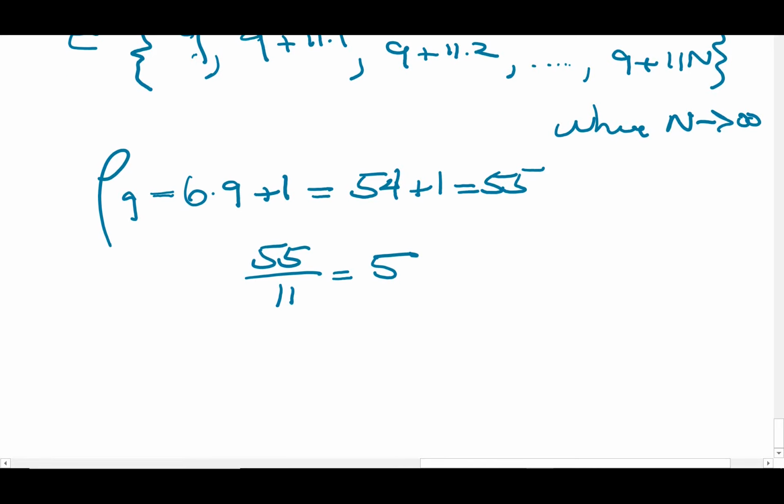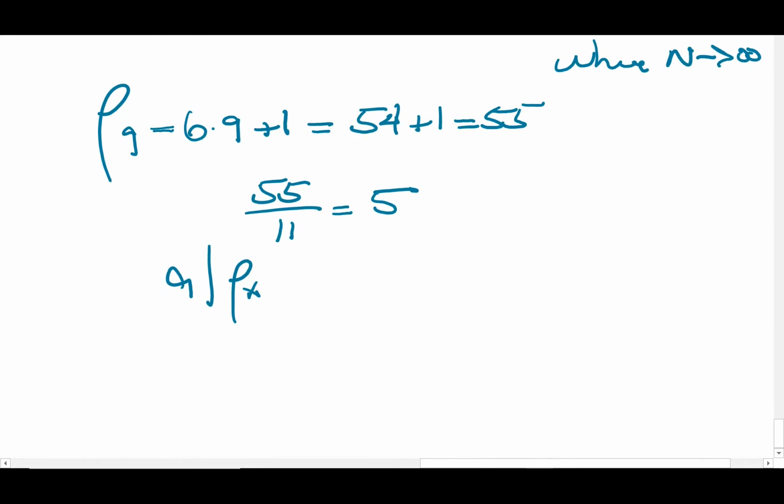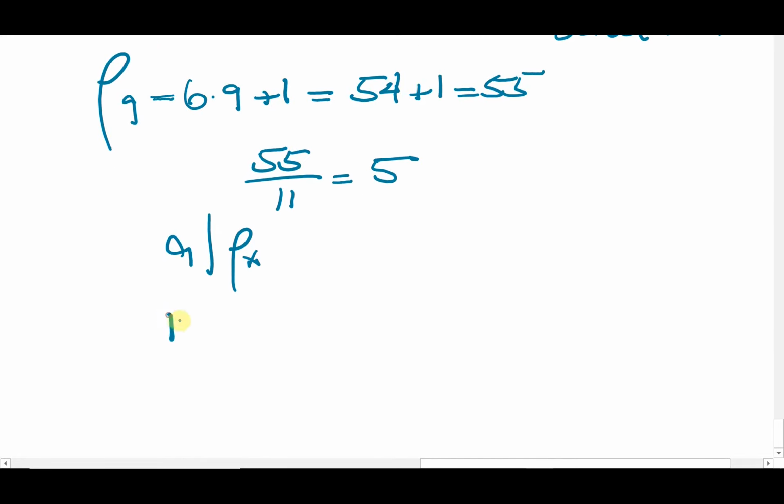So basically, A divides Px, or P9, or in this case 11 divides P9. So this is all the cases. We know that this is a divisor. We have the divisor A divides P9.